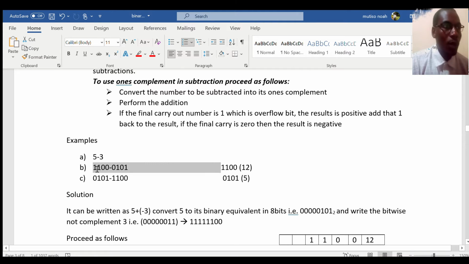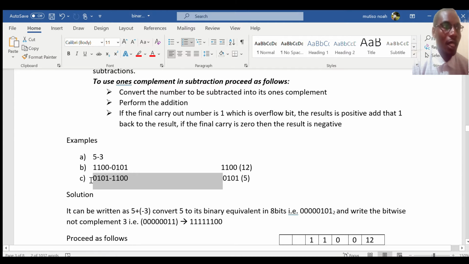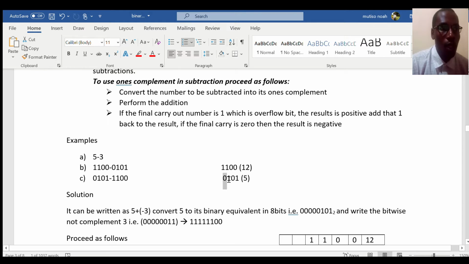The second one is already binary, so you don't need to convert it. Even the third one is binary, and you can see here I have already indicated that 1100 is equivalent to decimal 12, and 0101 is equivalent to decimal 5.